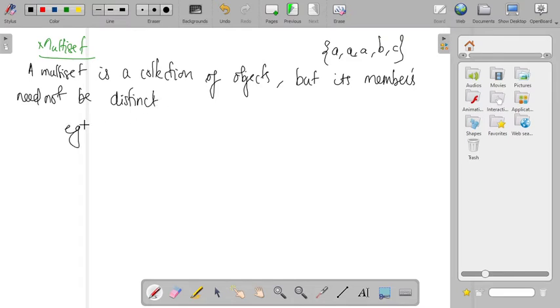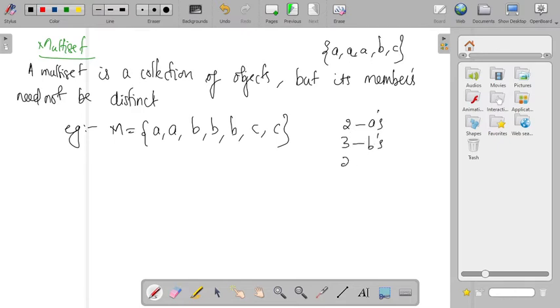So for example, if I have a set like this, say let me take M equal to the set A, A, B, B, B, then C, C. So this is a set which is containing exactly 2 A's, then you have 3 B's, and then you have 2 C's.